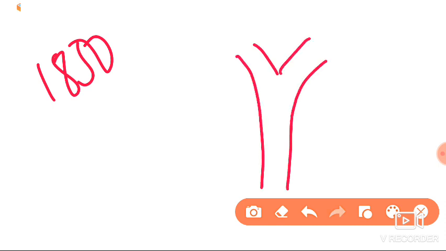Before industrialization, that is around 1850, there were no industries, so there was no pollution, and on the trees there was a development of lichens. You can take this complete white color.